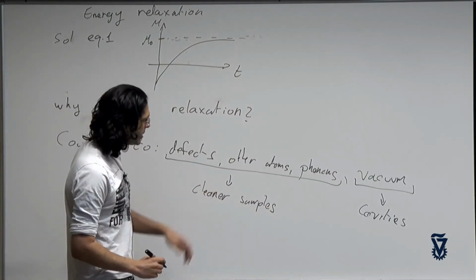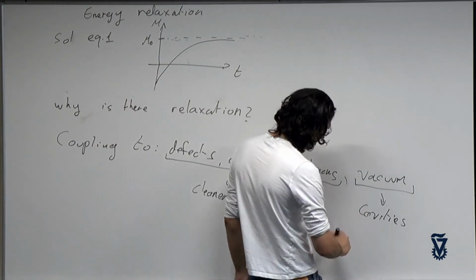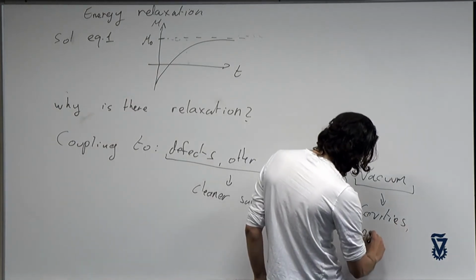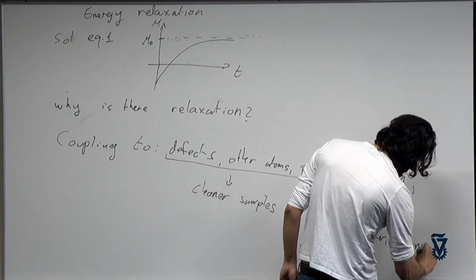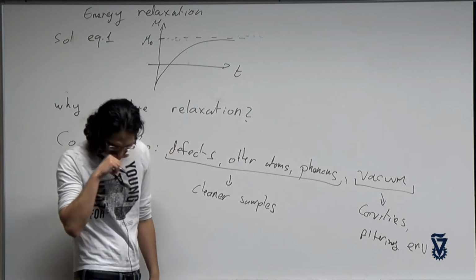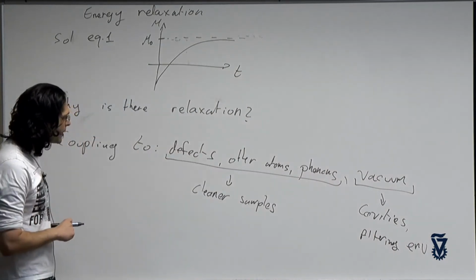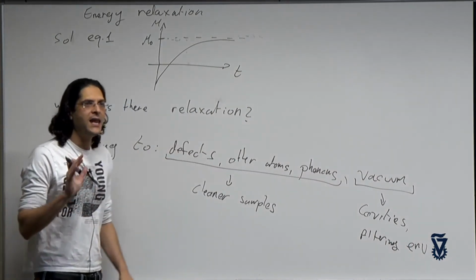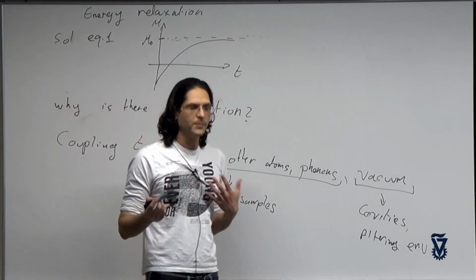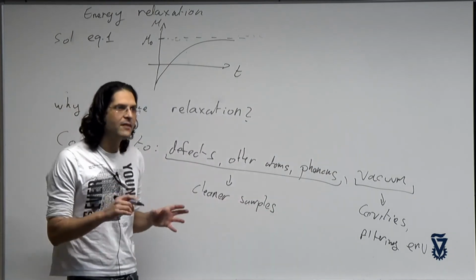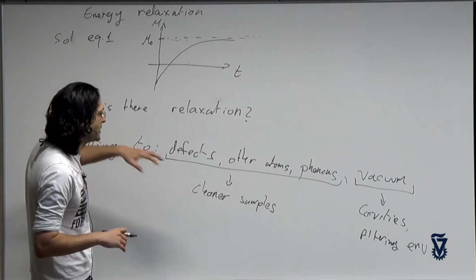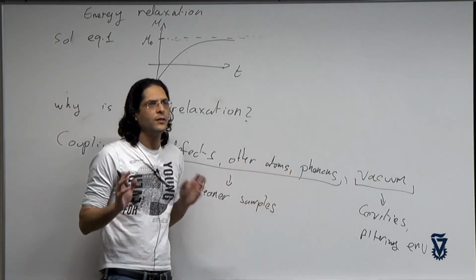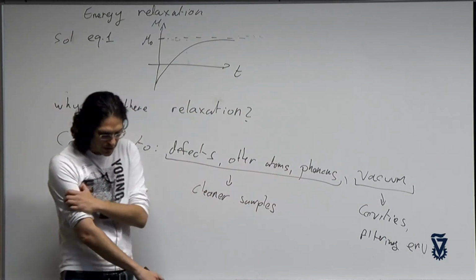So we can alter the environment: vacuum, cavities, or some other way of altering the environment. But at the end of the day, any hardware that you choose, any platform that you're going to build, will have some finite relaxation time. You really can't get rid of this relaxation time. Whatever you do, there is going to be some finite relaxation time.